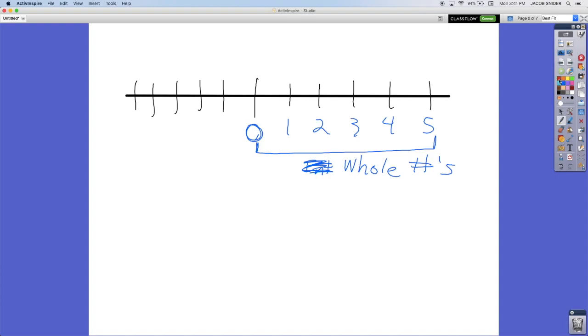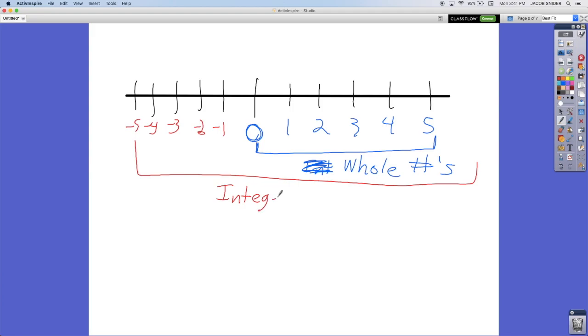Now, I can put some on the left side of the 0. On the left side of the 0, I have -1, -2, -3, -4, -5. Now, when I talk about all of these, the red and the blue, what do we call those? I gave it away a minute ago. We call those integers. Just a little review from yesterday. And then we talked about all the little things inside, right?